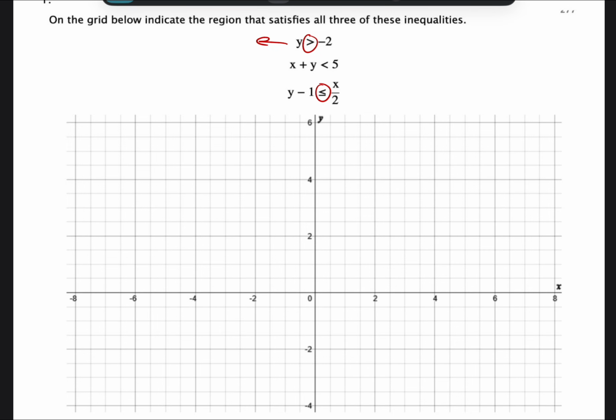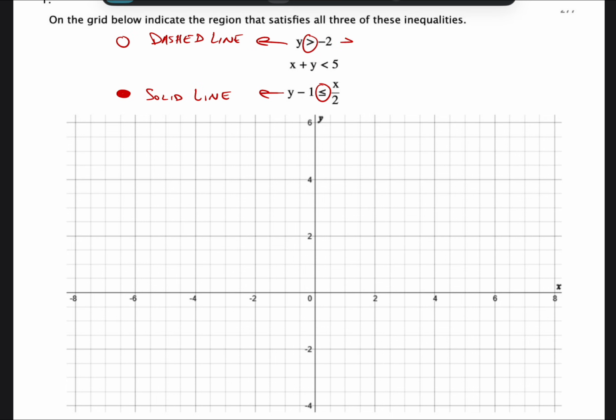Exclusive ones, similar to an open circle on my number line, will result in a dashed line. You'll see what I mean in a second. My inclusive inequality signs will be a solid line, which corresponds to the closed circle that we saw in our one-variable inequalities.